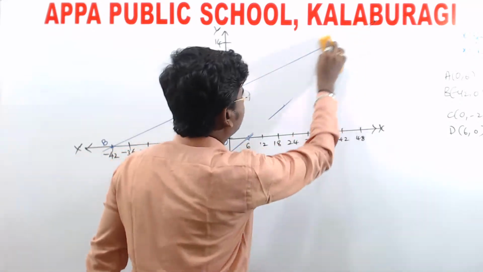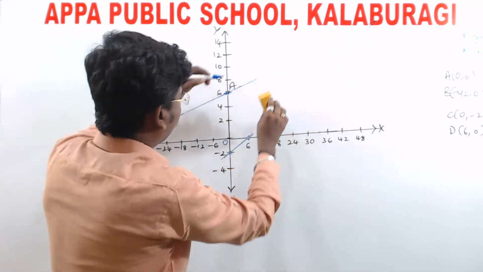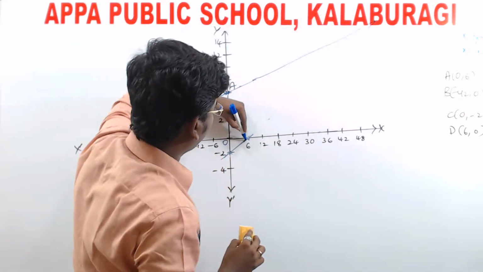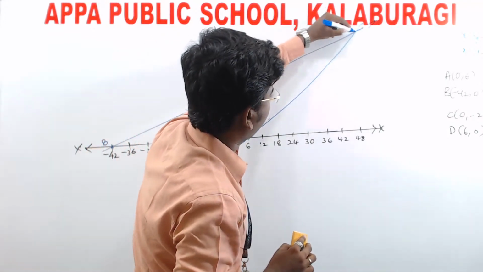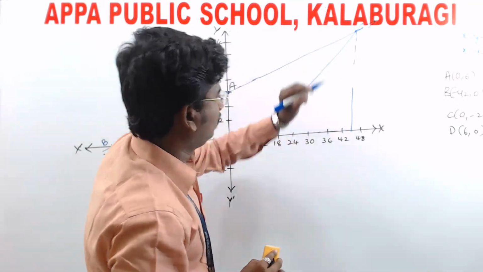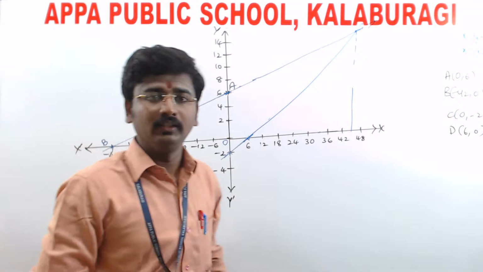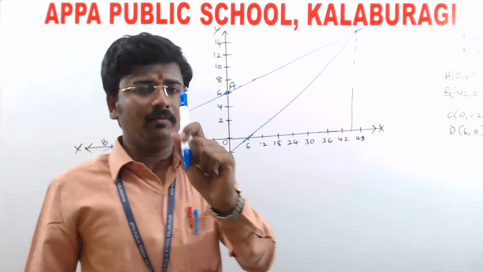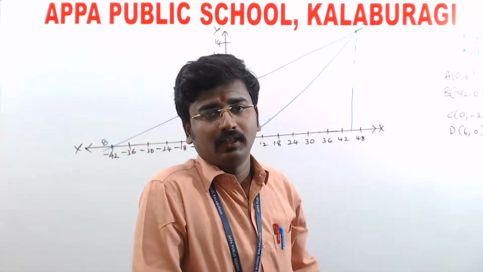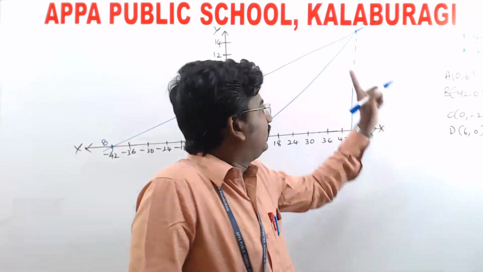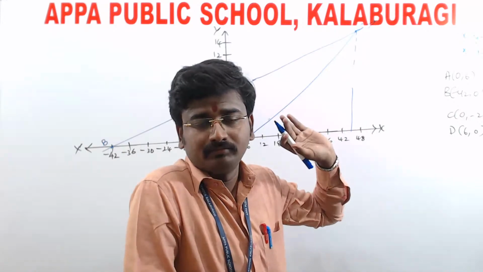When you extend these two lines, somewhere they intersect each other at a certain point. And that point would give you the x and y values. Try this and please, at least I need a minimum of one student from each section. 8 sections, 8 students should send me this graph with the solution.